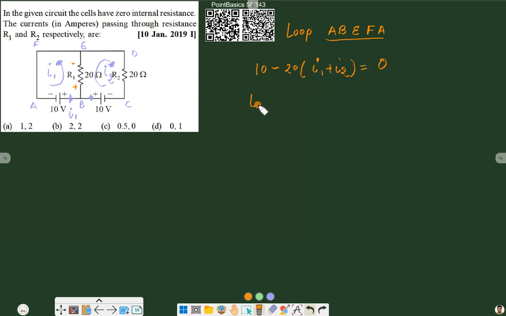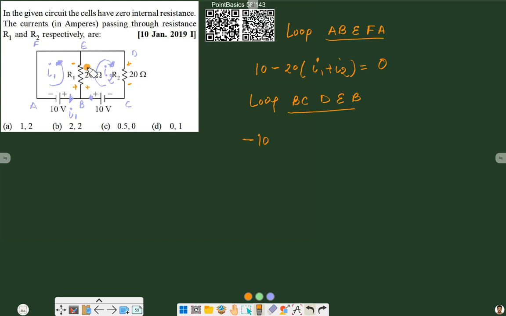Now let's write for the second loop, B, C, D, E, B. Starting from point B, first we encounter a battery from positive to negative, so it will be negative 10. Then we encounter a resistance of 20 ohm, and in this loop the direction of current is clockwise. So this will be positive and this will be negative, as current comes downward here and goes upward in the case of R1.